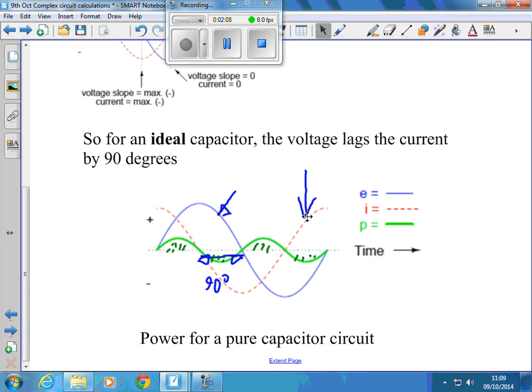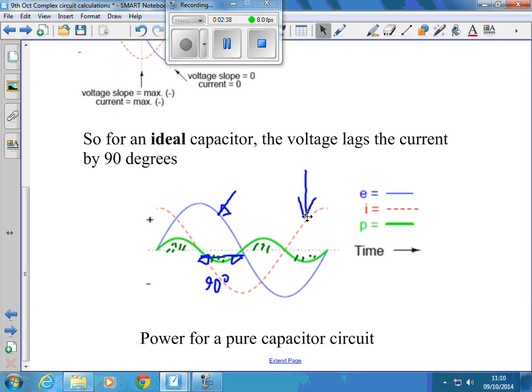And that's a little bit easier to understand with the capacitor, because if we look at the voltage going up here, we're charging the capacitor up, and then we're discharging it. Then we're charging it up and discharging it. That charge is going backwards and forwards between the two plates and actually not doing any useful work. The only way it can do useful work is if the current that's charging it passes through a resistor, and we get some watts out of it.